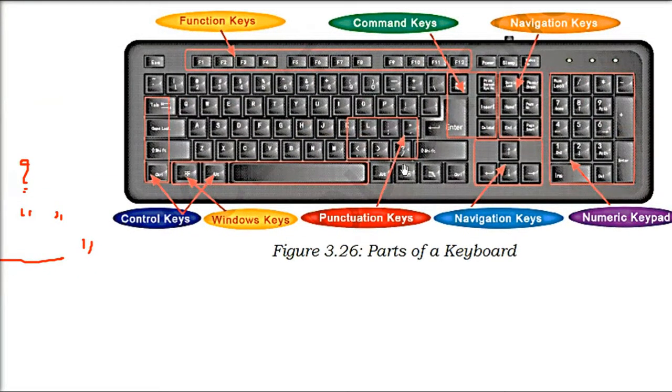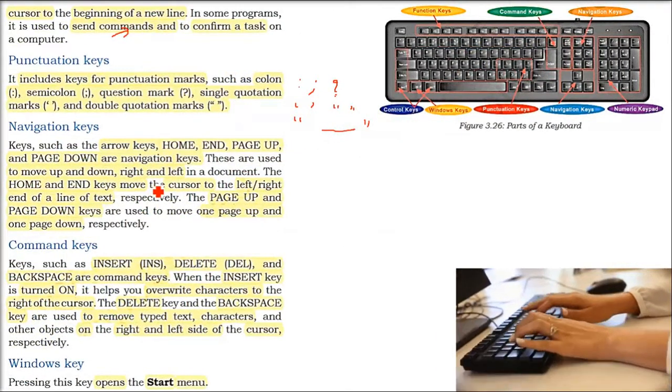I'll just show you the punctuation marks here. These are the punctuation keys, and some of the keys have the upper and lower. So you press Shift, the upper will come. If you don't press Shift, the lower character will come, because there are keys which have two characters at the same time. The Shift will toggle you between these two.